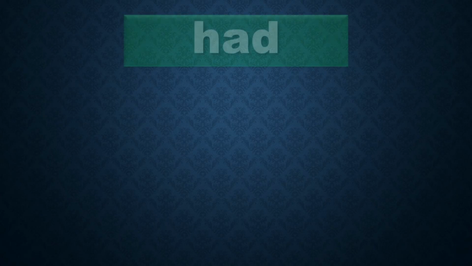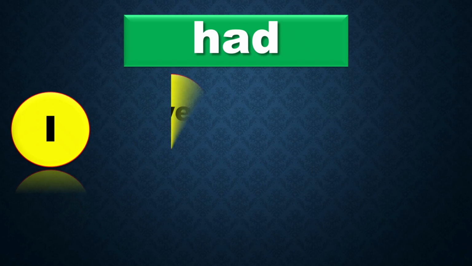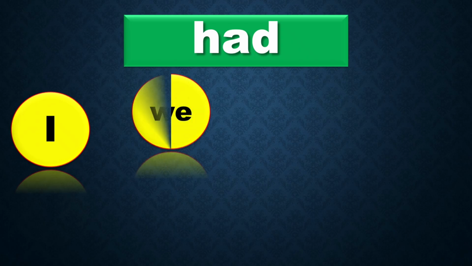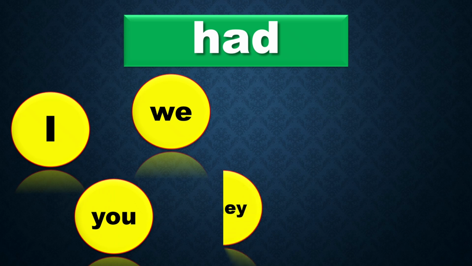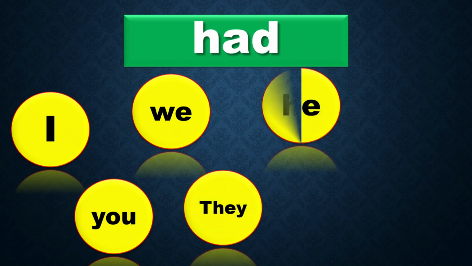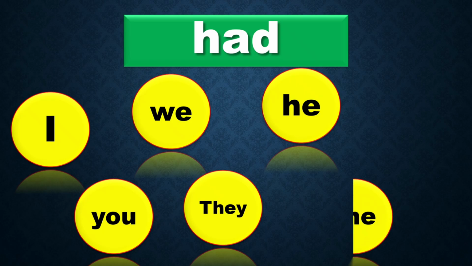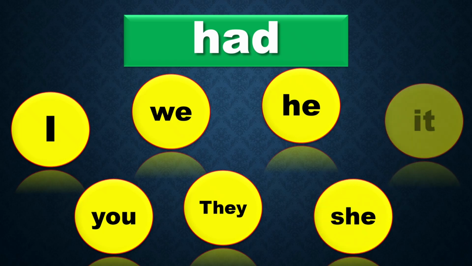First, we will see the pronouns. Had is used with I. We can say I had, we had, you had, they had, he had, she had, and last one is it had.